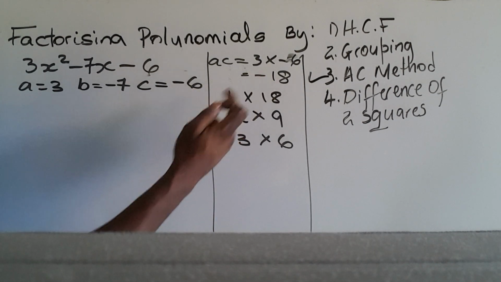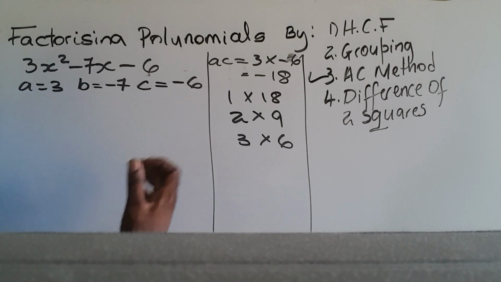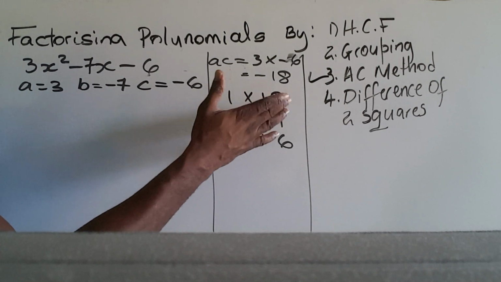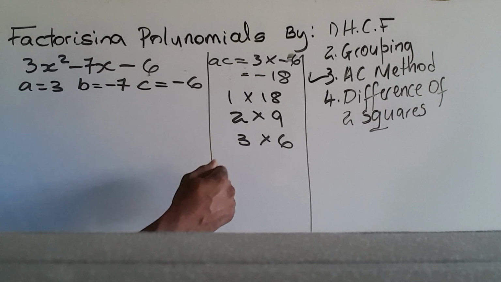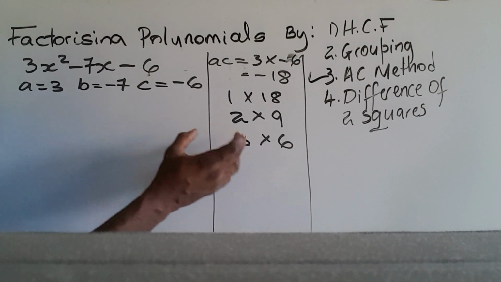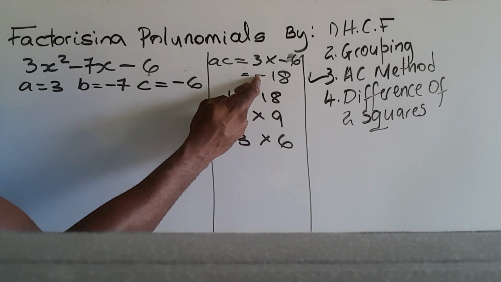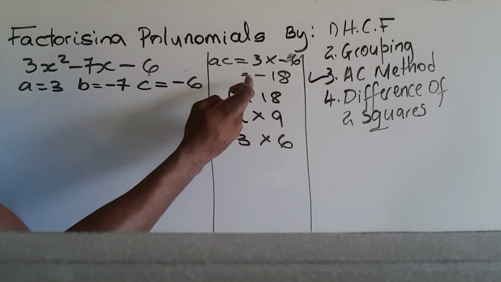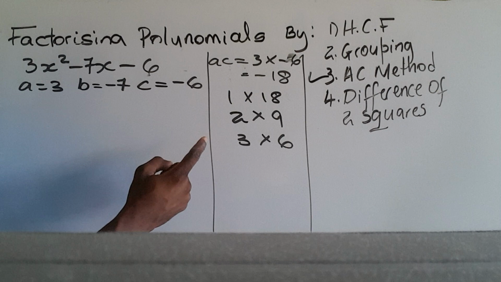Now remember, this is a negative 18. So the truth is, all of these numbers, they are positive and they are also negative. What we need to do now is to zoom in. Think about this. If 2 things should multiply to give a negative number, 2 things should multiply to give a negative number.